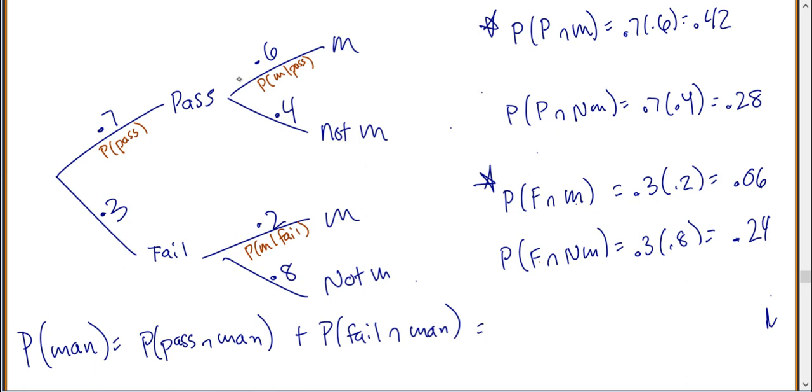For the tree diagram, you find all the branches, and then you go through and ask, what's everything that has what I'm interested in? So the probability of management is 0.42 plus 0.06, which means that 48% of their company is management.